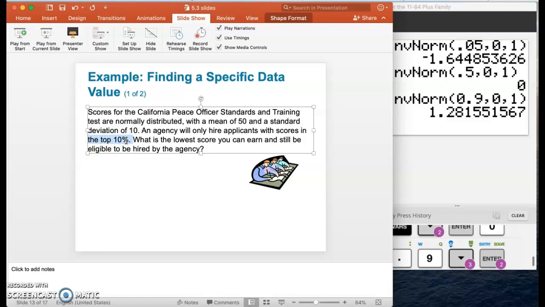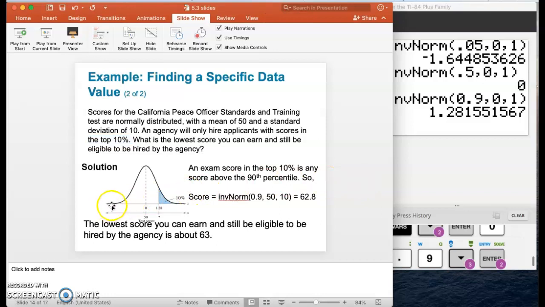So that means 10% of the area to the right if we're looking at our curve. So let's actually arrow down and just look at this curve. So here is our normal distribution, and the mean is 50, and we're looking for what this score would be with 10% of its area to the right.